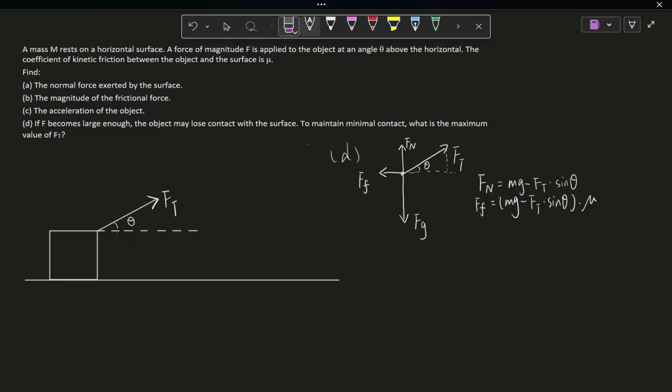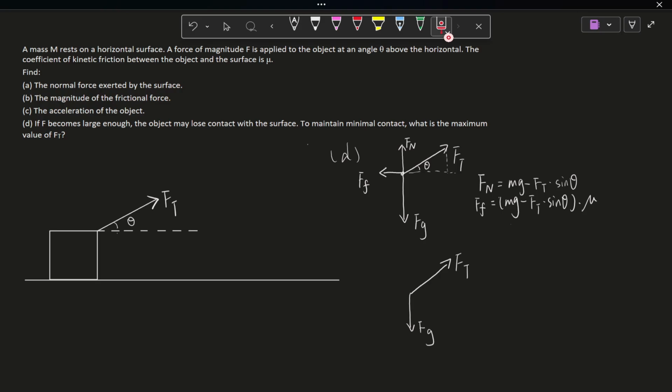In this situation, the free body diagram will look like this: Fg, there's no normal force, and this will be Ft. Also, there's no friction force since the normal force is equal to 0, and so Ff is also 0.